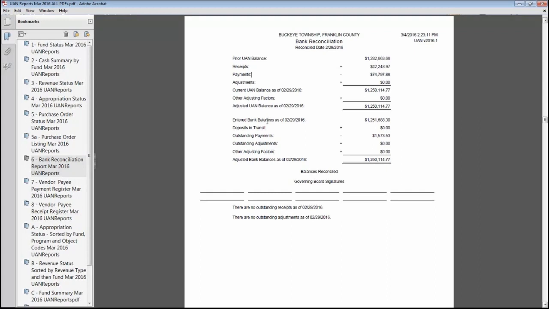Then I also have my bank balance, which is per the statement, any deposit in transit or receipts recorded in UAN that have not hit the bank yet, any outstanding payments that have been recorded in UAN that have not hit the bank yet, any outstanding adjustments or other adjusting factors. Note that there is a signature line for governing board signatures for review purposes, as well as notation if there aren't any reports regarding things such as outstanding receipts or outstanding adjustments.